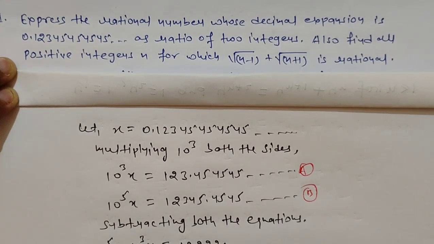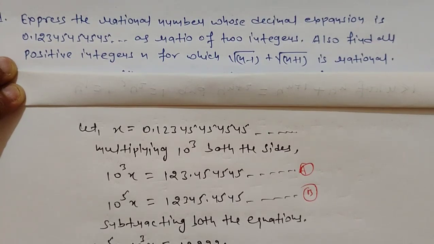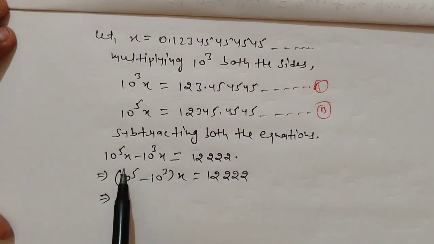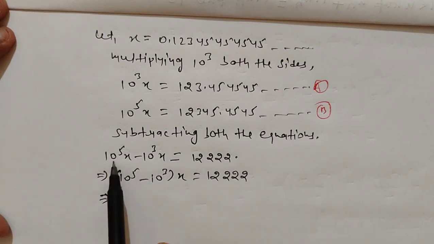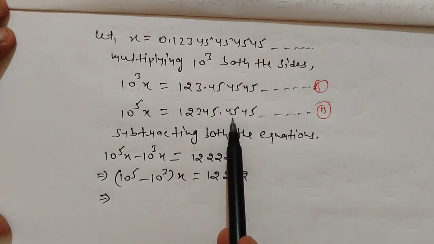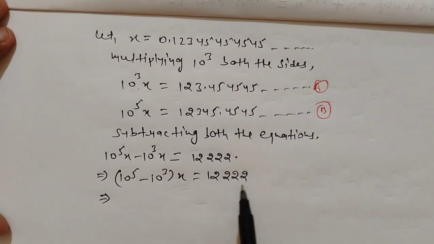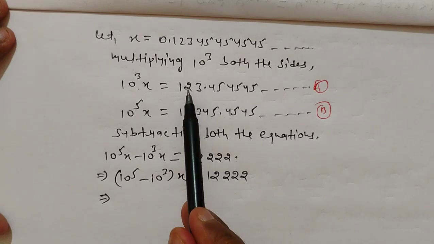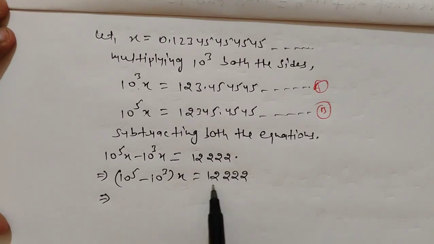Here you can see the decimal parts are the same, so the decimal part will be 0, and 12345 minus 123 will be 12222, so this will be an integer.